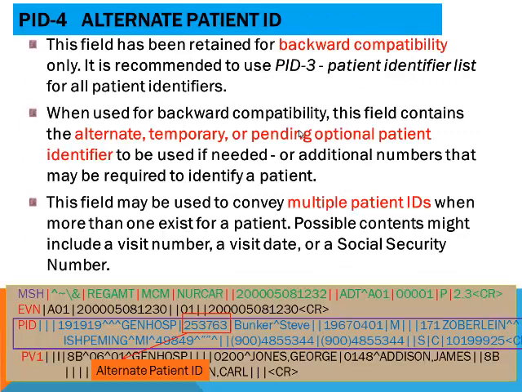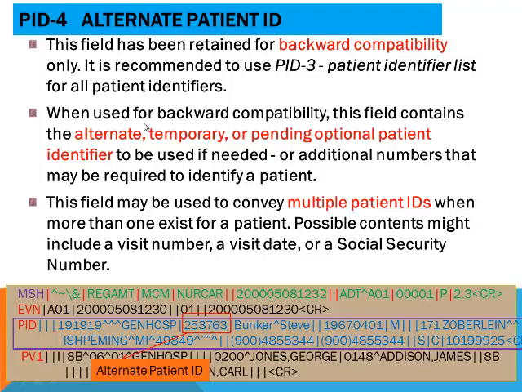So what's the fourth field? You see here the fourth field, in fact, is the numbers. This is the alternate patient ID, and this field is retained for backward compatibility only. In the new version, you don't need to fill in the number here.